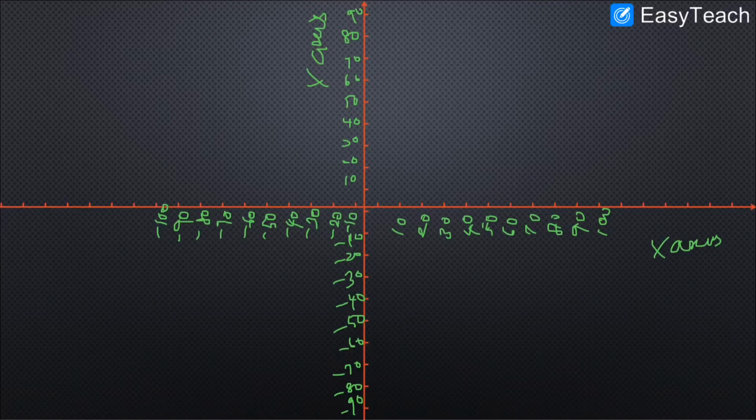So for x coordinate 50 and y coordinate 60, here it is. For 60, 40, x coordinate 60 and y coordinate 40, which means here. For the third vertex 70, 20, the x coordinate here and y coordinate here.